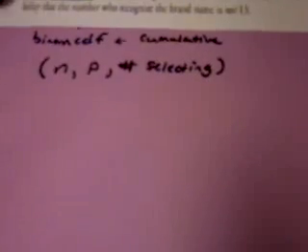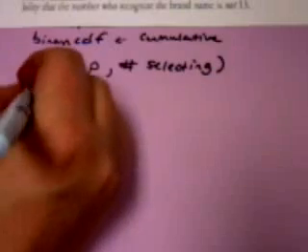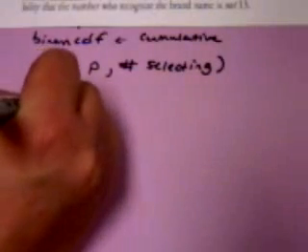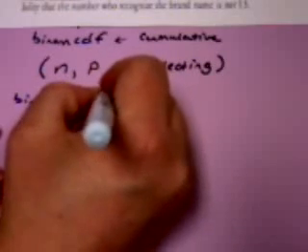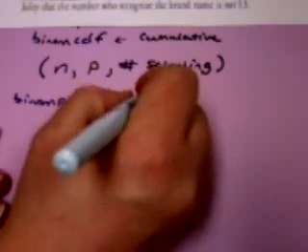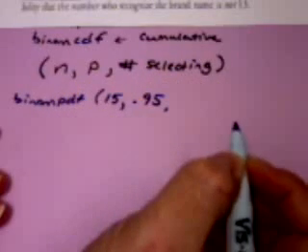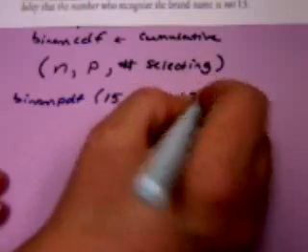Okay, so if we're looking at this particular example, what we want to do is we're going to take binomial PDF. We're looking at 15. Our probability of success is 95%. That's our probability of recognizing the brand name McDonald's. And then I want to know exactly 13.